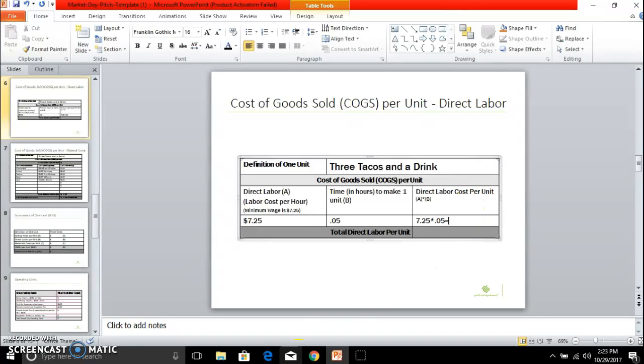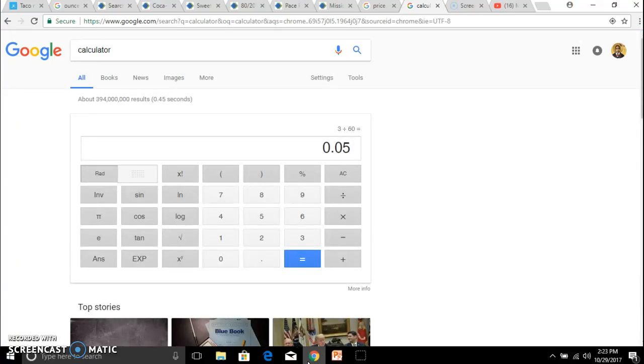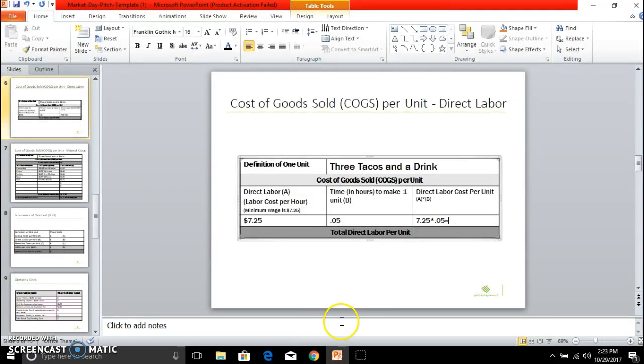And that is going to equal about 0.36. So we're going to say 0.3625. We're just going to round it down to 0.36. So our total direct labor per unit is going to cost 36 cents.